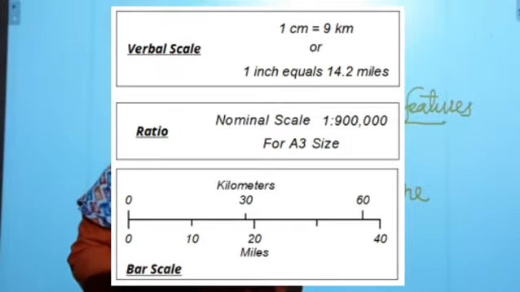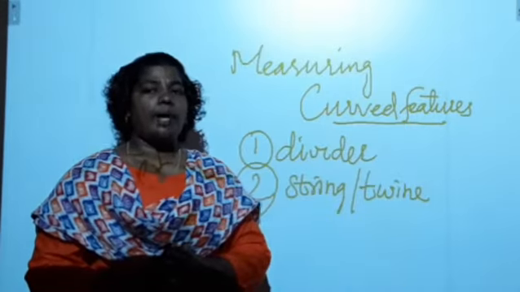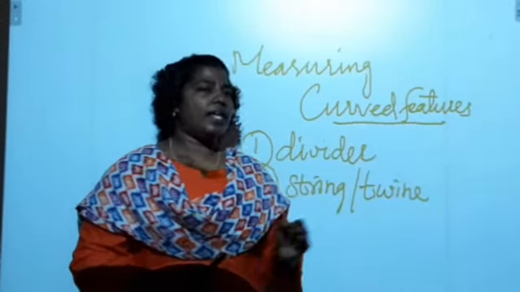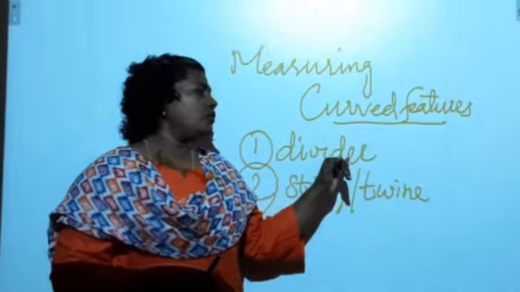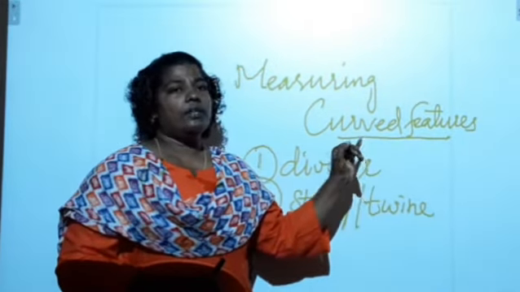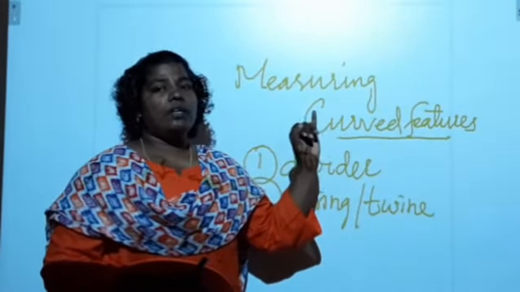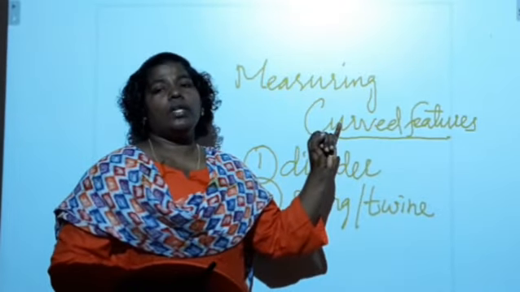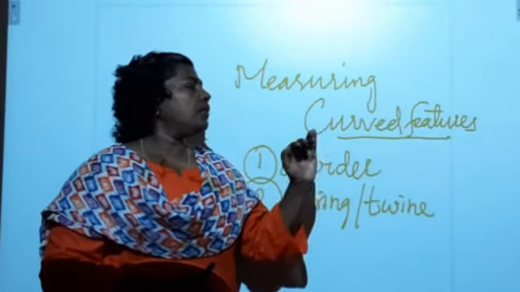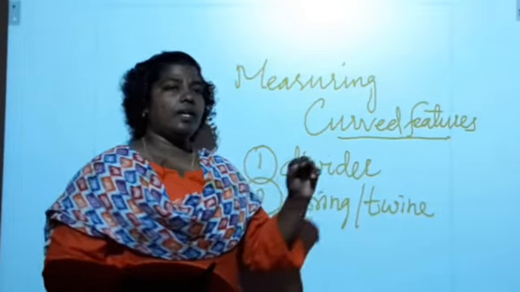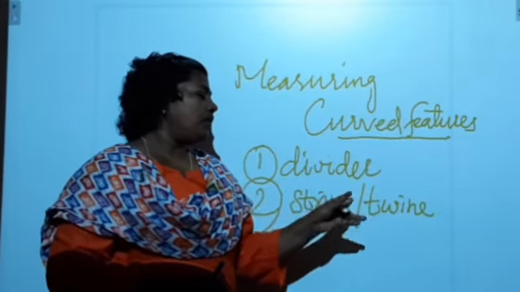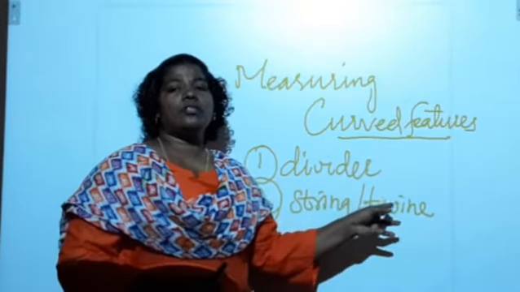For measuring distance, you have seen 2 methods: how to measure the straight line and how to measure the curved line on the map. To measure the straight line, you use a scale. To measure the curved line, there are 2 methods: the divider method and the string or twine method.